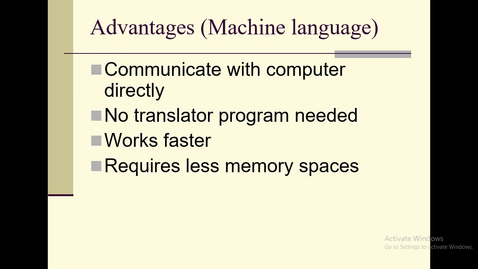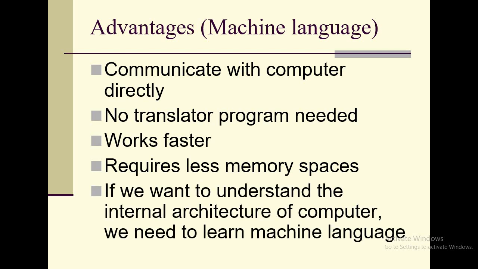It requires less memory space because there is no picture, no word, no letter, no image, no video. There is only 0 and 1, so it needs less memory space. If you want to understand the internal architecture of the computer, then you need to learn machine language, and we will see it's also vice versa.